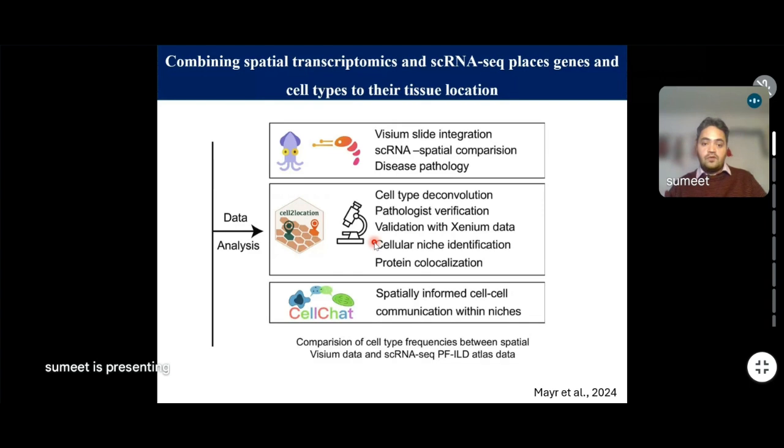You have lots and lots of information which you can process. So now let's see, if we do all this, what we get in return and how we can understand the disease pathology in a better way.